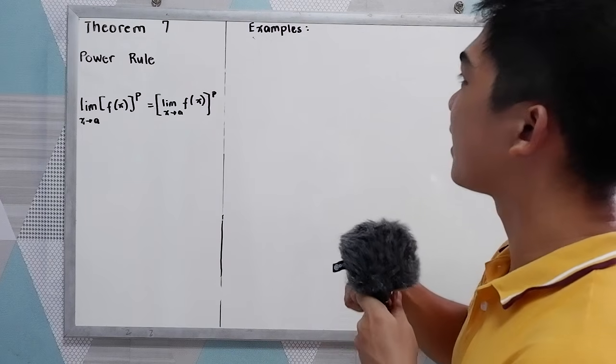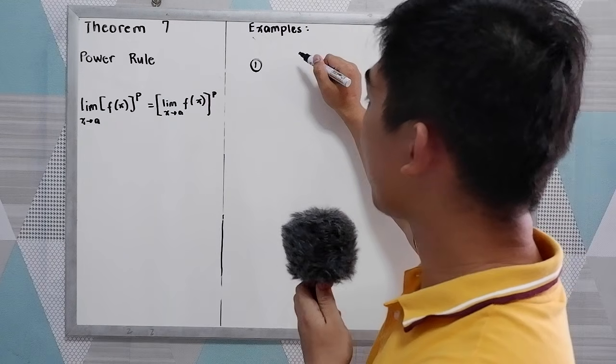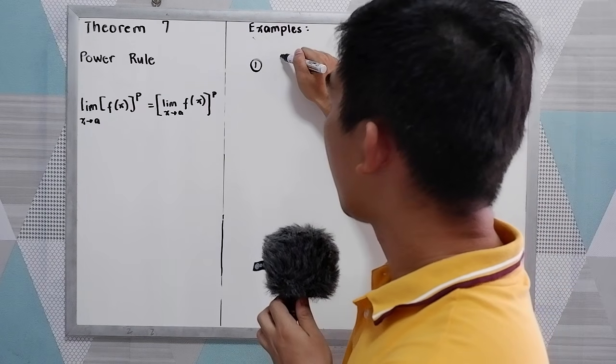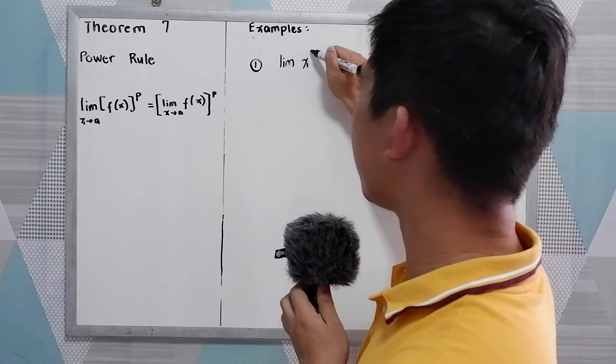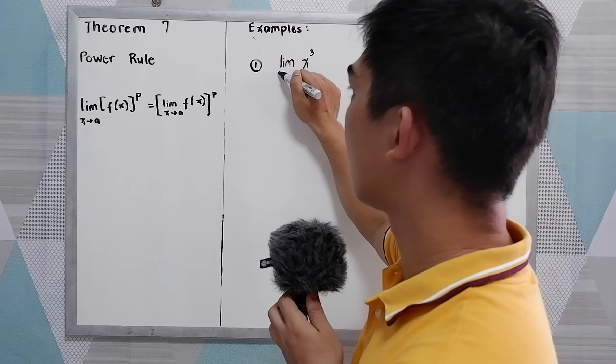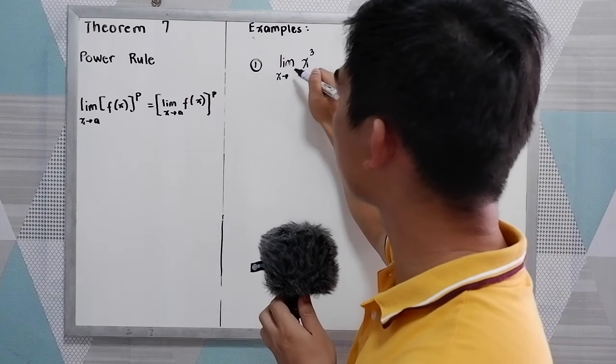Now to understand, let's have our examples. Number 1, let's say we have the limit of x raised to 3 as x approaches 2.